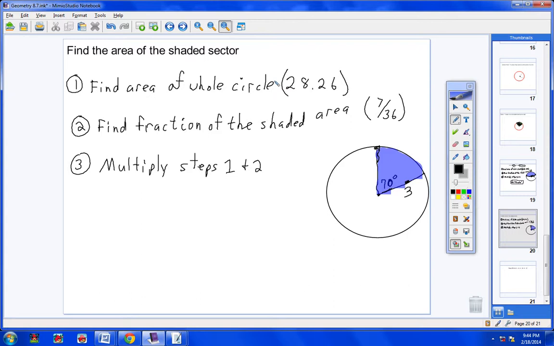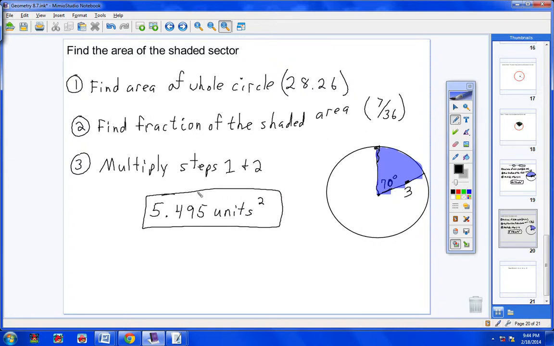And if you do it correctly, you're going to get 5.495. Now we're dealing with area, so it's going to be square units or units squared. That's it, guys. You can do those. If you'll memorize those 3 steps, you will be able to find the shaded area of a given sector.